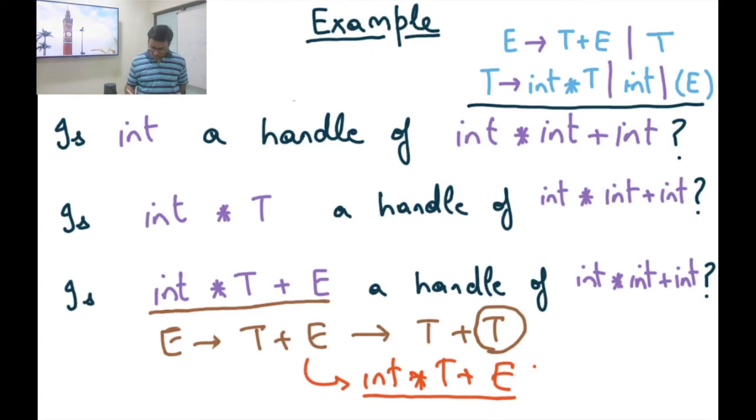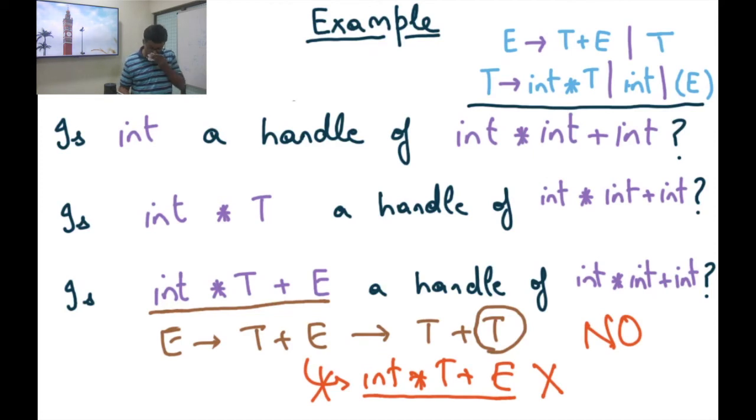But this is not acceptable. We are only looking at rightmost derivations, and in a rightmost derivation such a prefix string can never appear, so this is not a handle. All right, so int star t plus e is not a handle of int star int plus int.